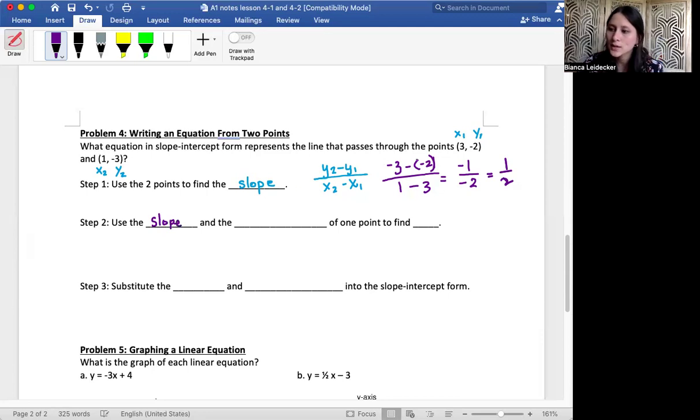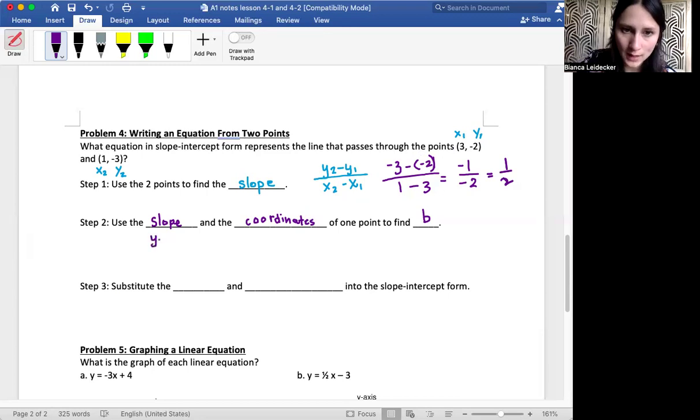Step 2 is I'm going to use the slope and the coordinate of 1 point to find b. Then I'm going to write my equation like this.